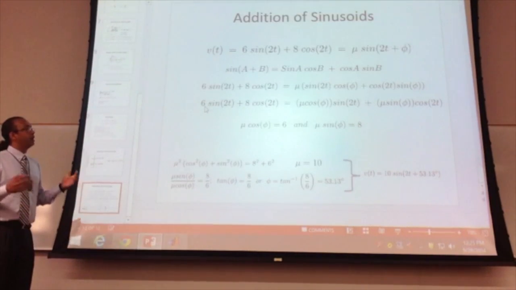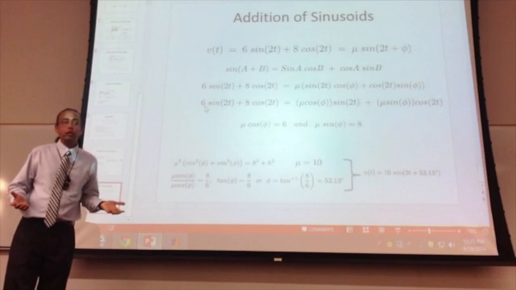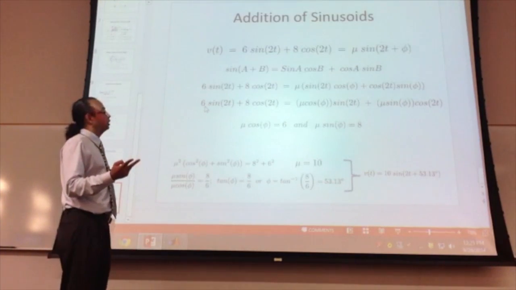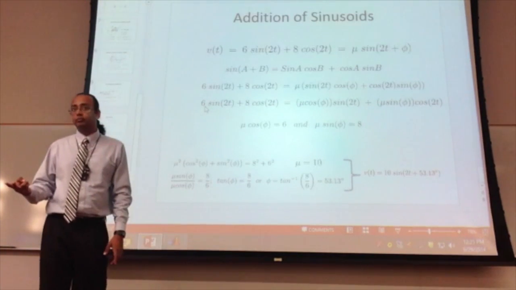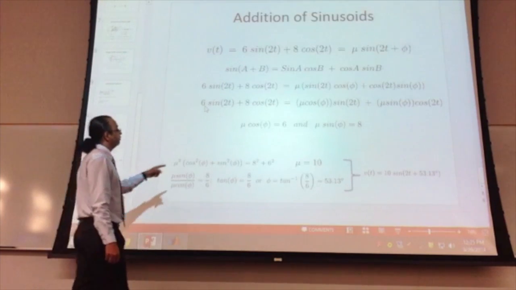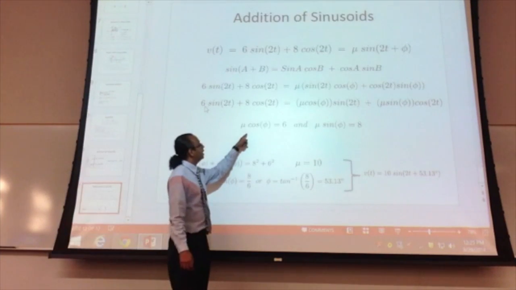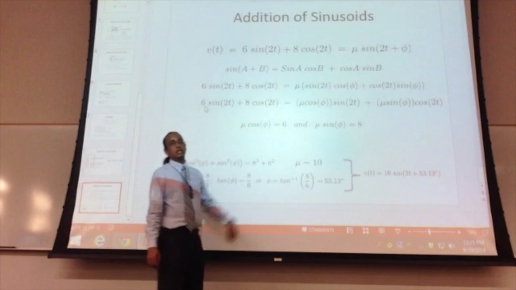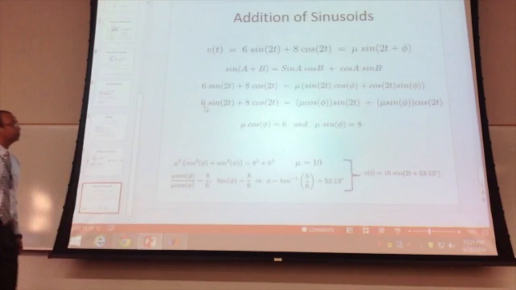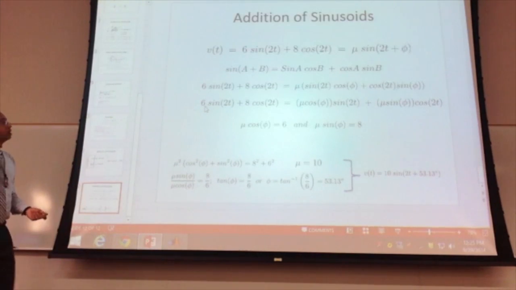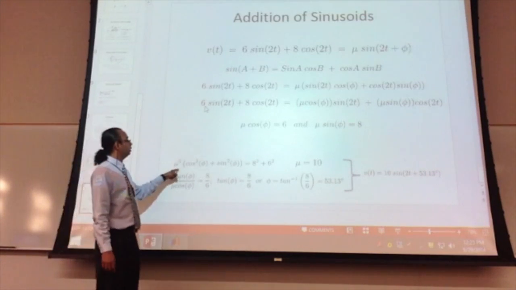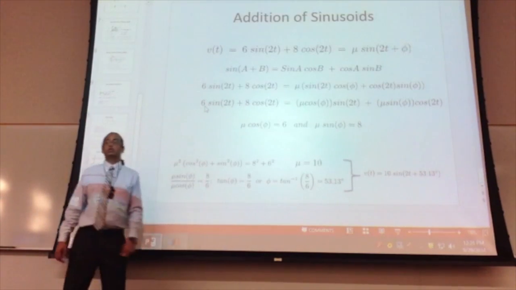Okay, so I have two equations, and I have two unknown quantities, mu and phi. I can find mu and phi by squaring these two equations and adding them. If I square and add them, I would get mu squared, cosine squared phi plus sine squared phi.